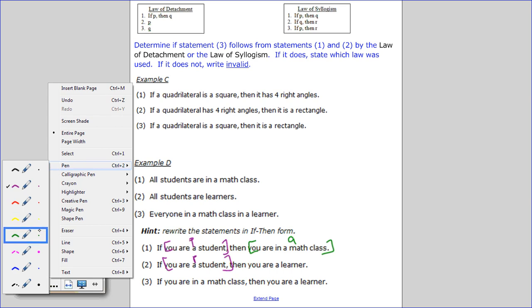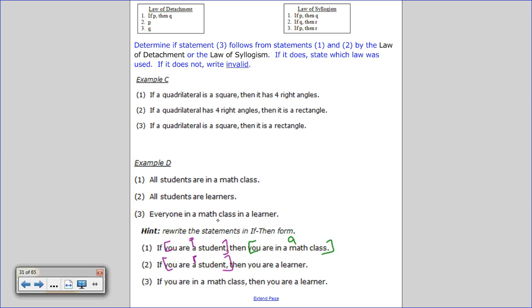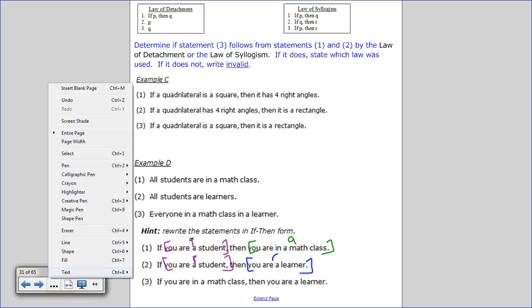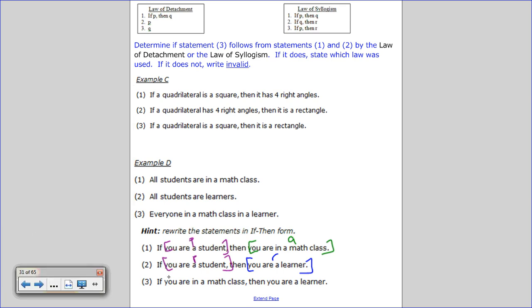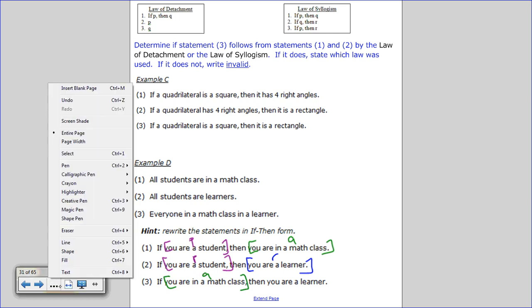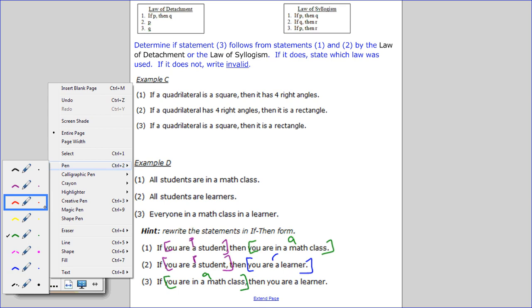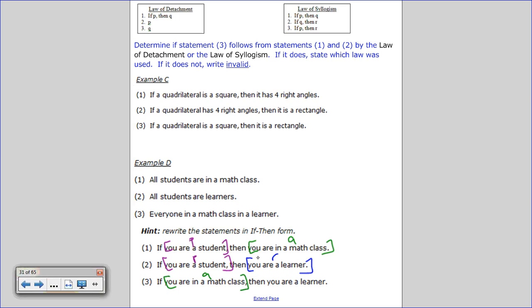Since it's new information, we need a new variable, which is why we're going to introduce R. Then the third statement says, if you are in a math class, I saw that before also, that was Q. Then you are a learner. Again, I saw that before, and that was R up above.